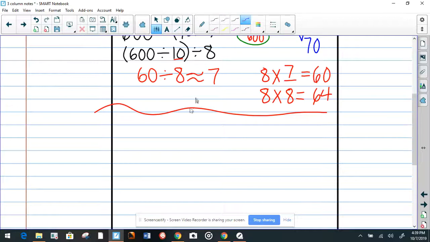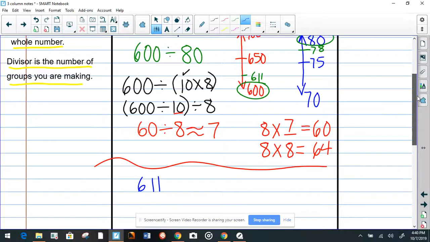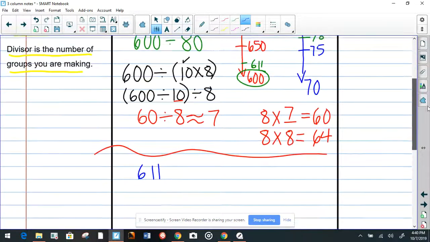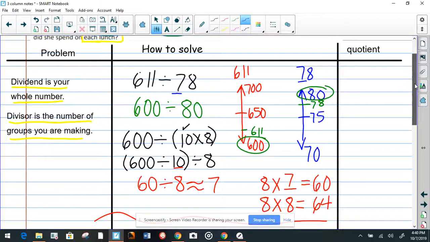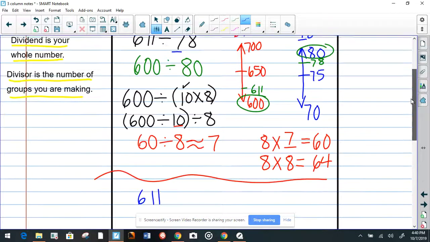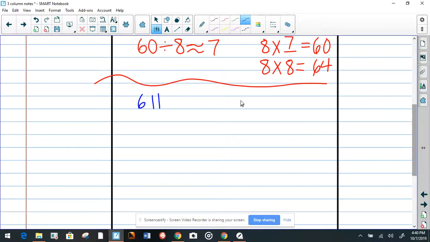Instead of rounding to 600, we can round it to a number that can be divided by 80 exactly. So 78 was rounded to 80, just like we did above, then we do multiples of 80.